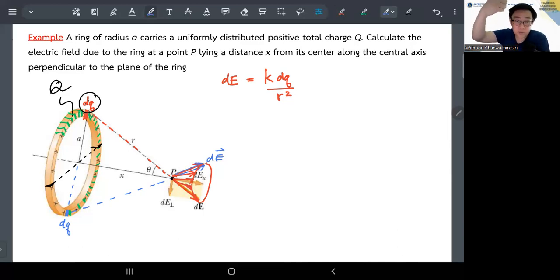You wrap around, you slide the dq around the ring. It will start to generate dE. Not move, start to show up, and it's going to trace the shape of a surface of a cone. Those dE vectors will be on the side surface of the cone. Cool?